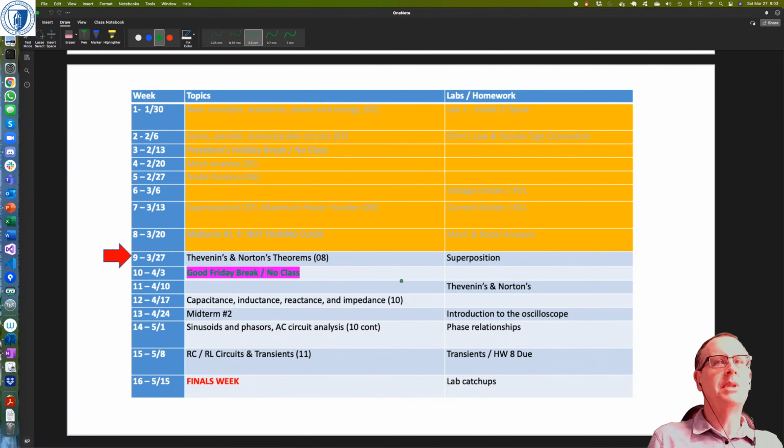What I would like to do when we get back is start the capacitance, inductance, reactance, impedance pieces. There's no really new material in that. The only thing that changes is we do exactly everything we've been doing so far, except we do it all again with complex numbers.